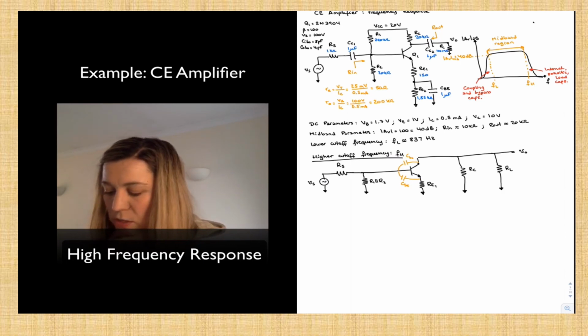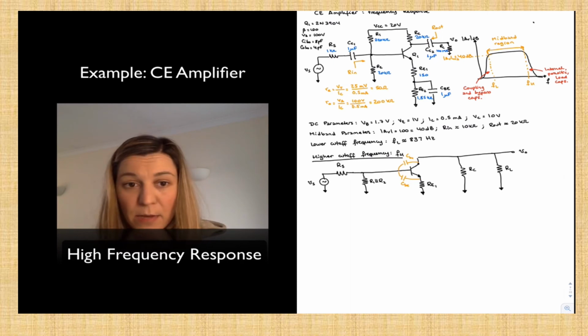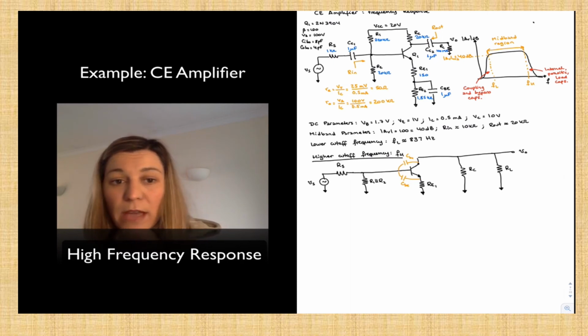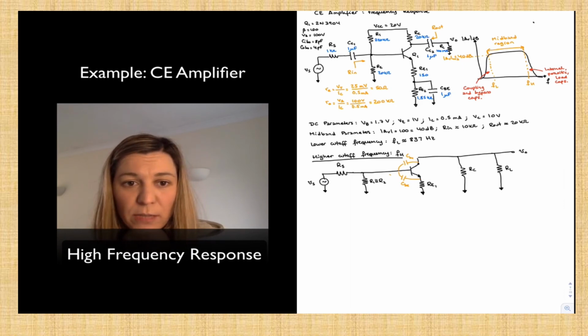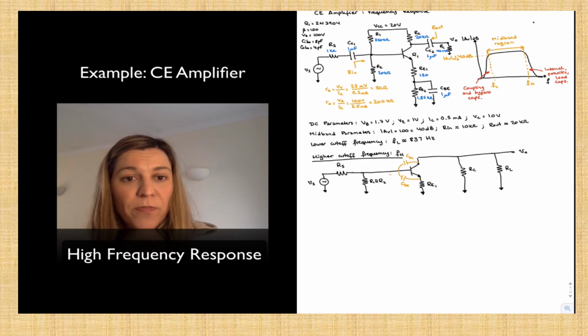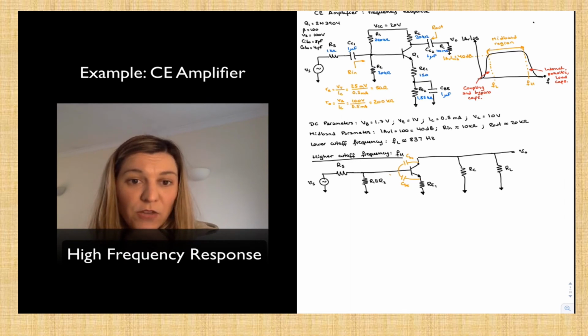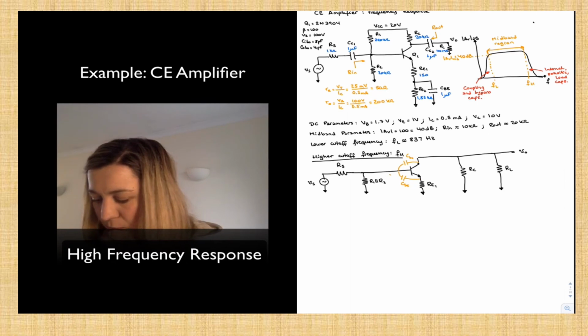And now I'm going to note that my CBC capacitor is connected between input and output, and so this is actually a feedback capacitor. And it's going to suffer from the Miller effect we have talked about, meaning any capacitor that is connected in the feedback path of an amplifier, meaning between input and output, is going to appear as if there were two shunt capacitances, one at the input, one at the output. The one at the input will be equal to the actual capacitance in the feedback times the gain of the circuit. The one at the output is approximately equal to the feedback capacitance. So I'm going to do that change here.